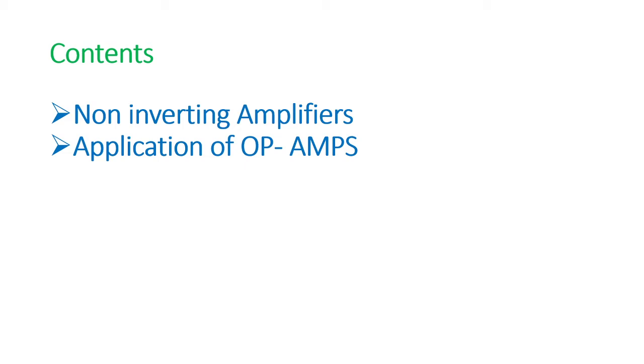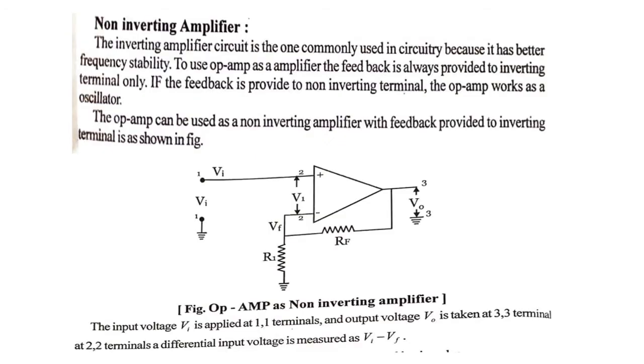Now we discuss the non-inverting amplifier. The inverting amplifier circuit is the one commonly used in circuitry because it has better frequency stability. To use an operational amplifier as an amplifier, the feedback is always provided to the inverting terminal only.